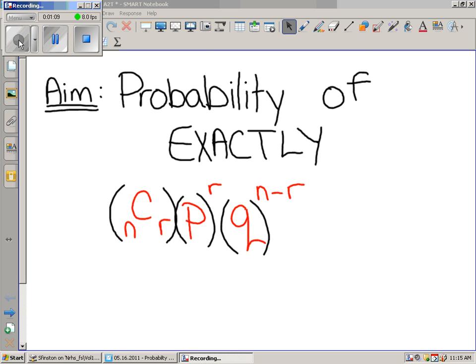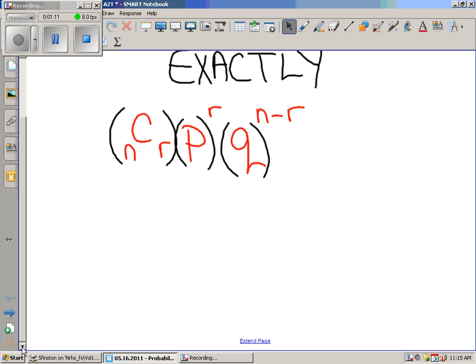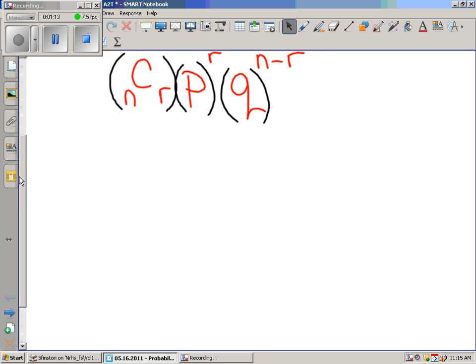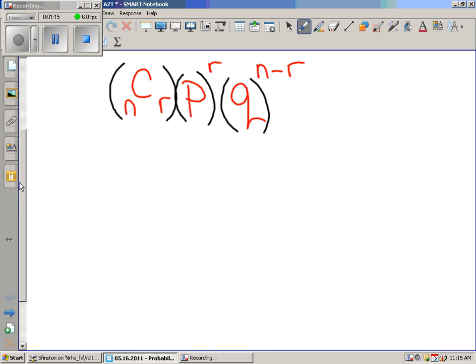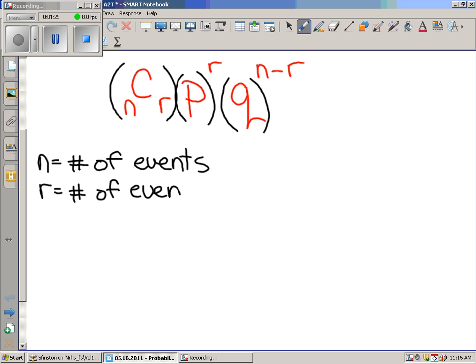Guys, let's talk about what this formula means. The n is the number of events. r is the number of events wanted. p is the probability of success.